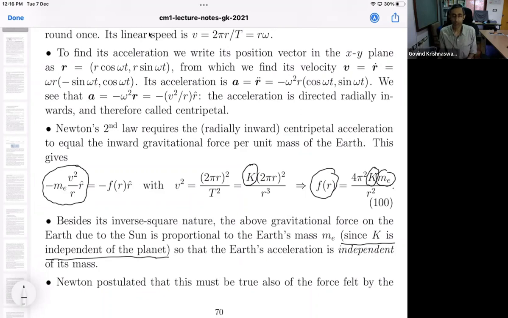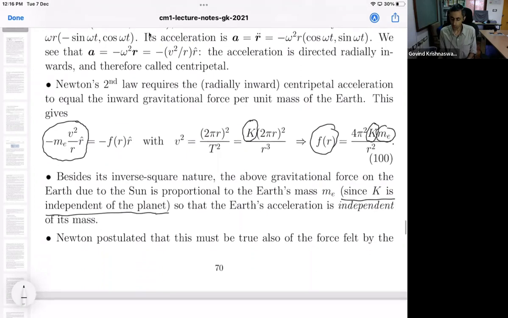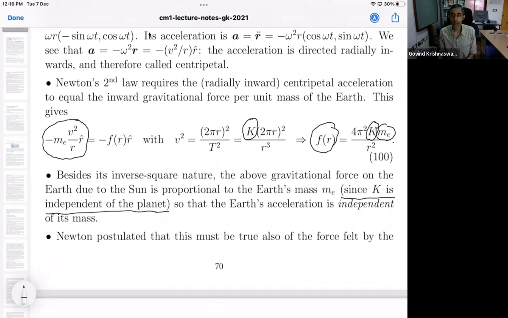In fact, Kepler's constant is not a constant. It does depend on the planet weakly. And so one could imagine that the dependence on the planet can be encoded through some property of the planet, which you would call the gravitational mass. So if one were to do it more carefully, there is scope for allowing for that dependence.